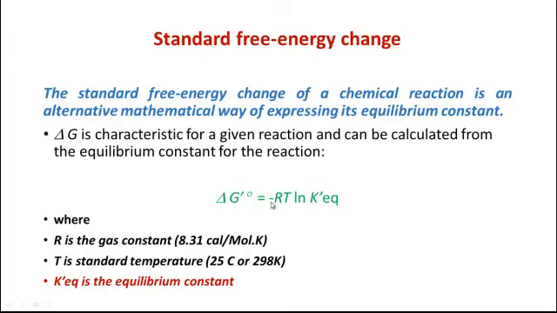T is the standard temperature, 25 degrees centigrade or 298 Kelvin, and K'eq is the equilibrium constant, whose value can be calculated from the concentrations of the reactants and the products.